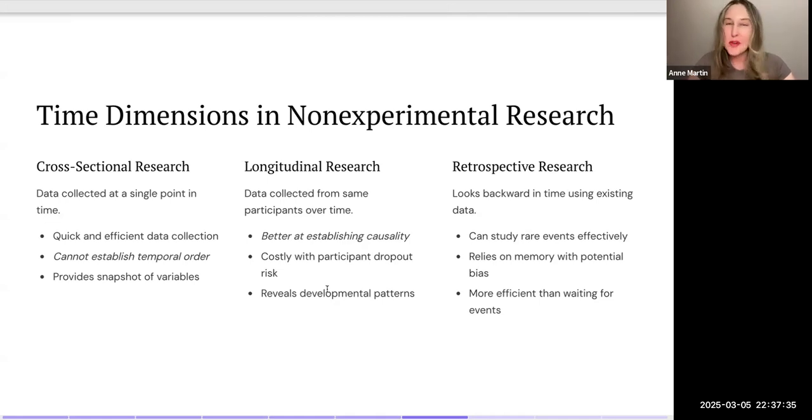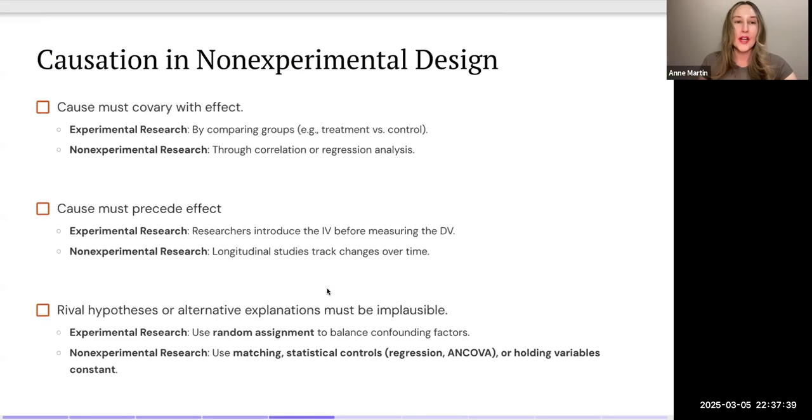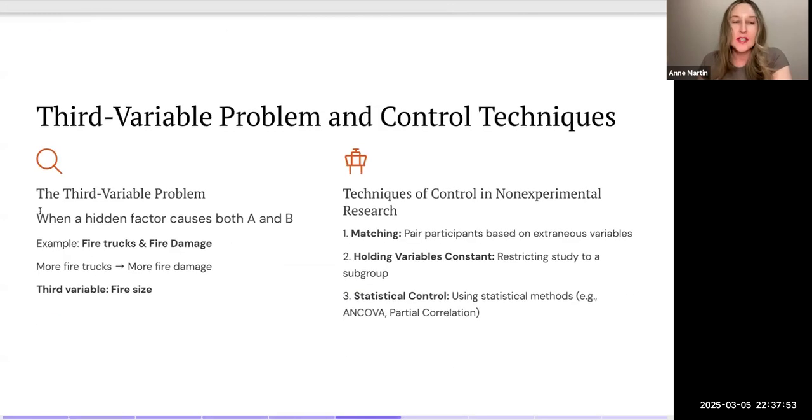So obviously this would be quick, efficient. However, this brings into question the second requirement for causal relationships, because since you are just collecting the data once at a static period of time, it can be harder to establish this time relationship.